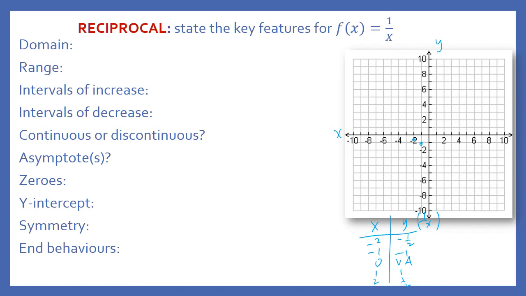Vertical asymptote is 0, 1, 1. And 2, 1/2. And you could put more points in if you want to. So hopefully you remember from grade 11 what this one looks like. If you don't, we already know there's a vertical asymptote at 0. So we'll put a dashed line in. And there's also a horizontal asymptote. It'll never touch 0.